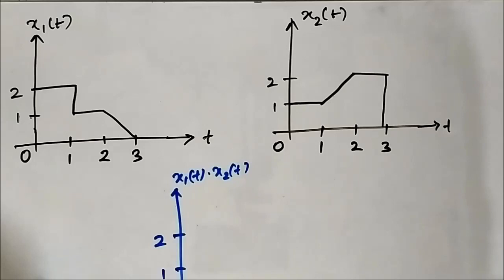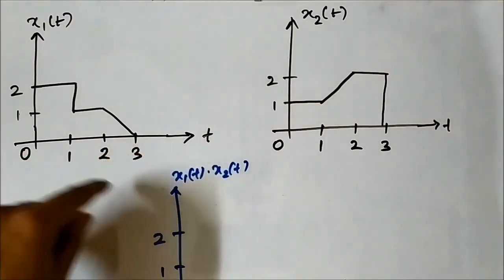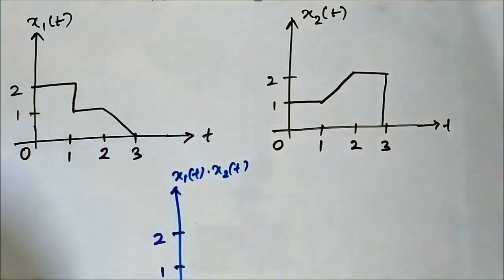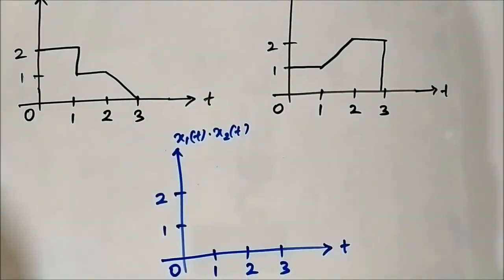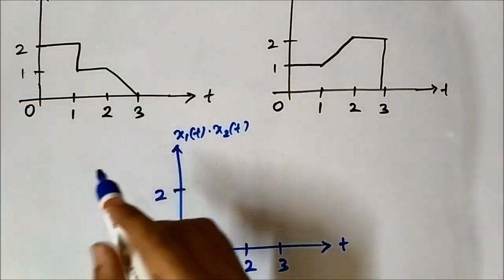As per the definition of signal multiplication, at each time instant we have to multiply the respective amplitude values of the signals. Here x1(t) starts from 0.